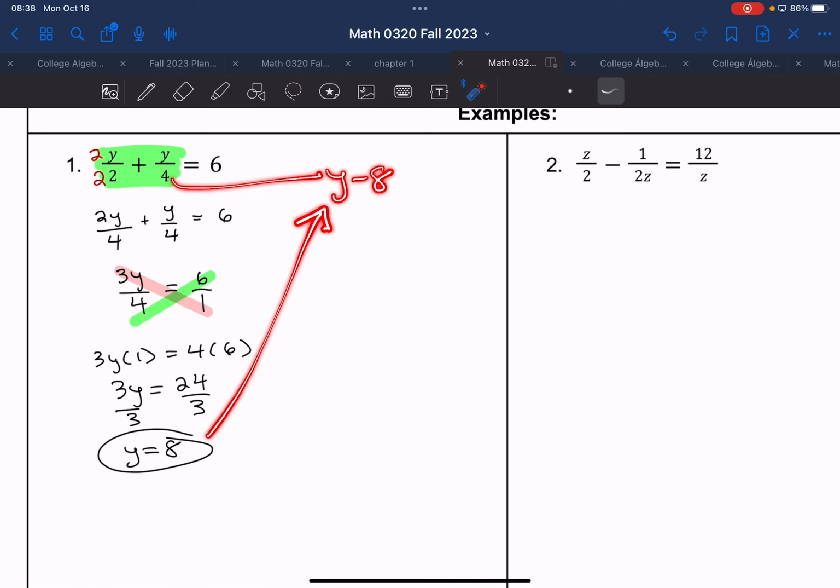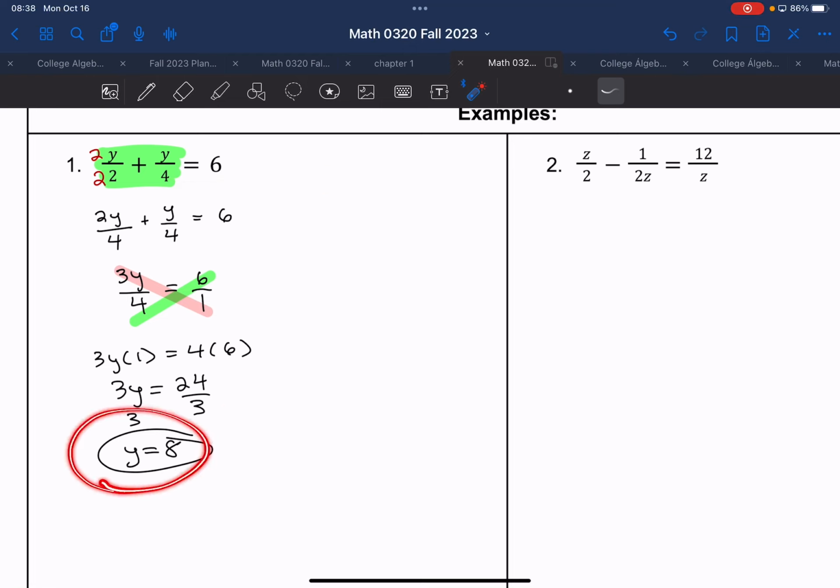A 0. And can we divide by 0? No. So once we check to see if that answer is on the denominator, if we ever get 0, that means our answer is going to be what? Undefined. Okay, so here we don't need to check.